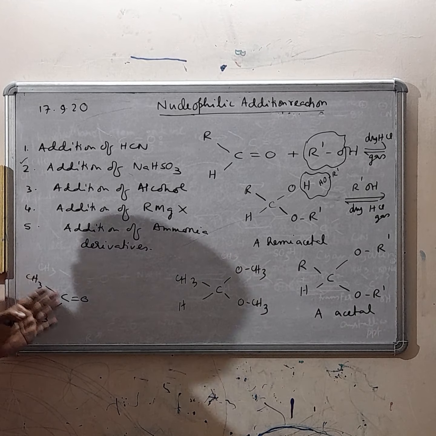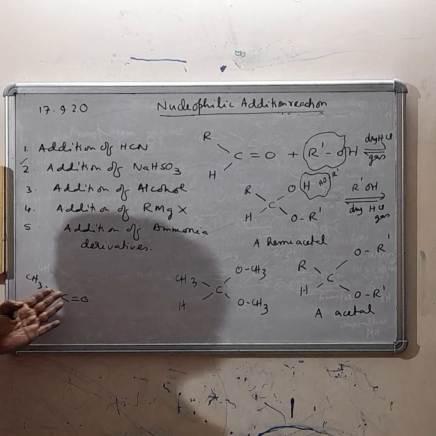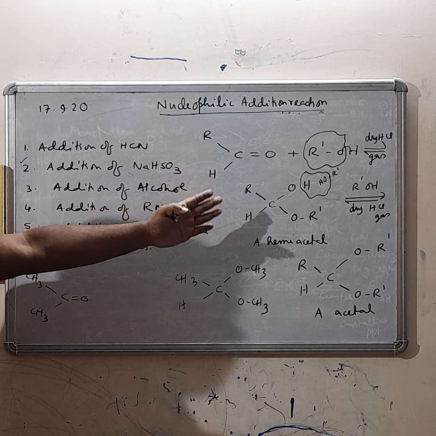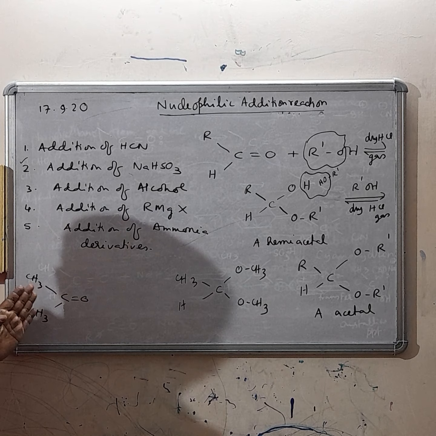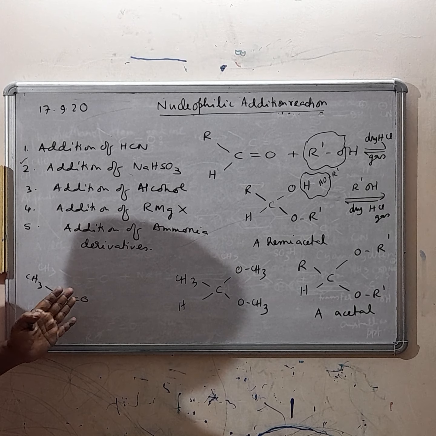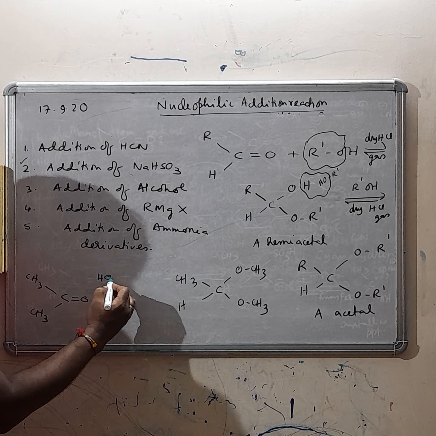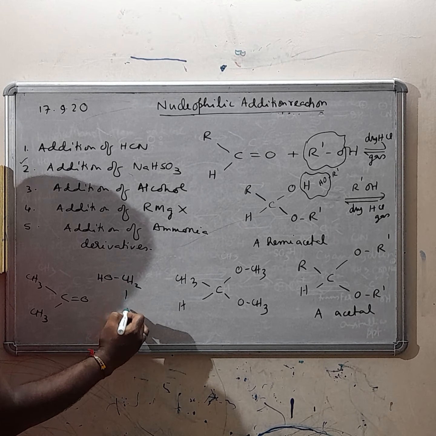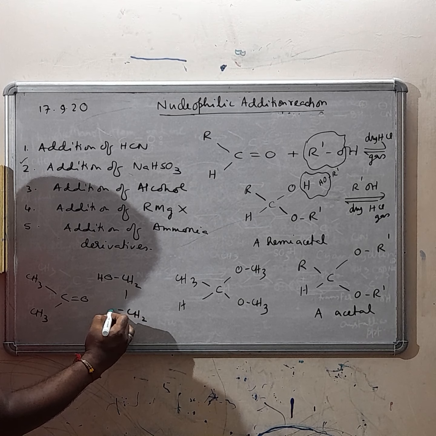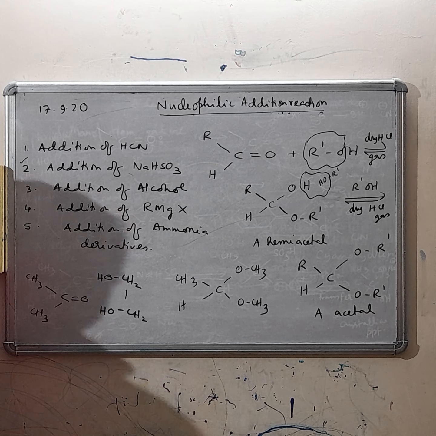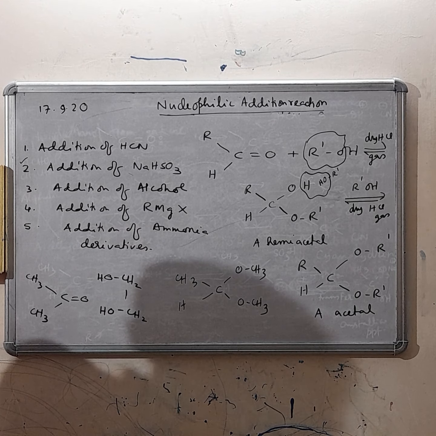So ketones cannot react with monohydric alcohol. For ketones to react, it should be a dihydric alcohol. So this is a dihydric alcohol. This is ethylene glycol.